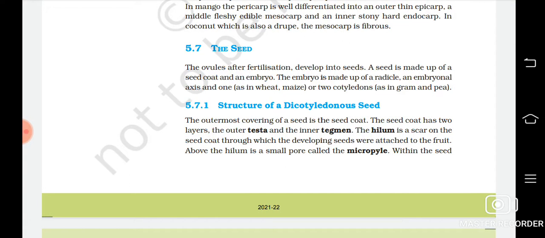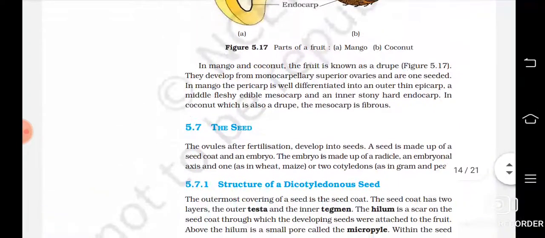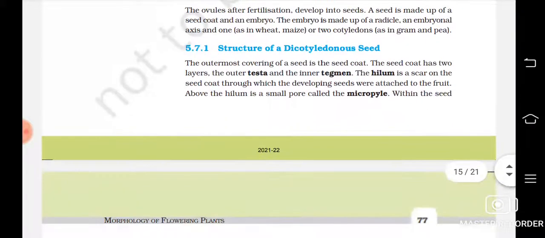If you are coming to school, you can bring them, or else you can just take out different flowers and see the different parts. The seeds and all, it's not coming for the exam, but you just read, this is very important. And the next topic I'll start in the next class.